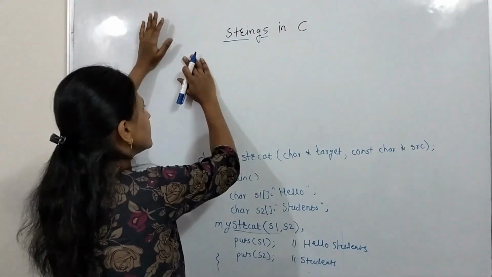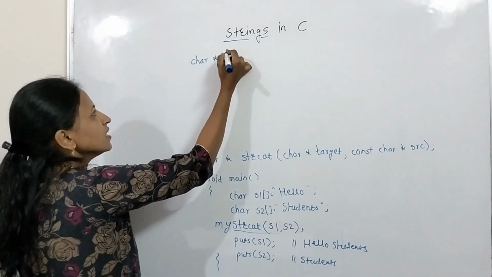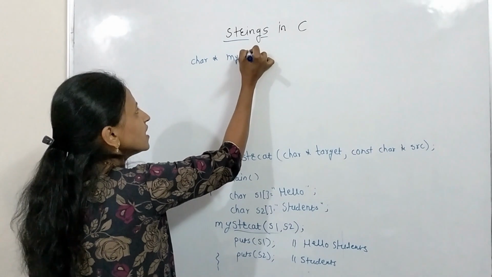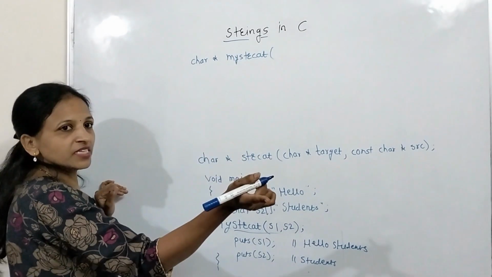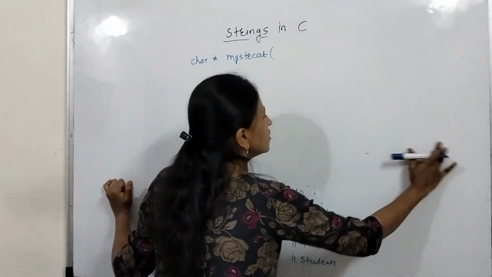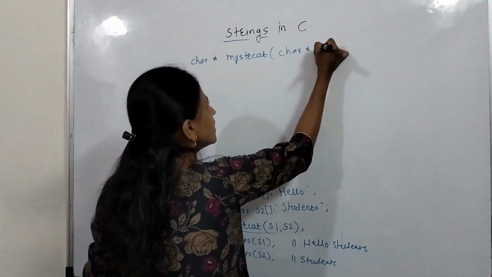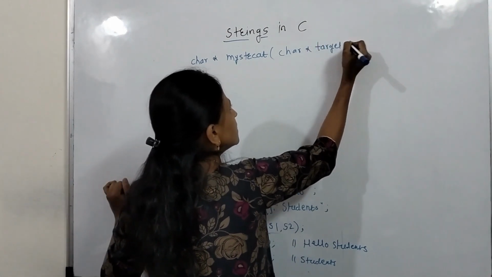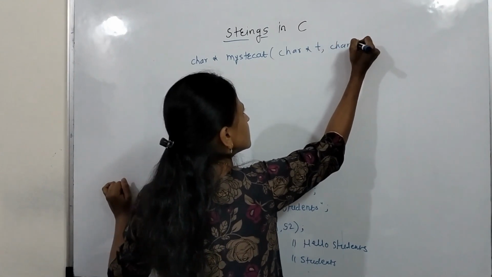Getting? Now how to write that function? See, the return type will be char star, the name is my strcat. Here we have to pass two arguments. See, first argument char star target, and we will write t only, no problem, char star s.